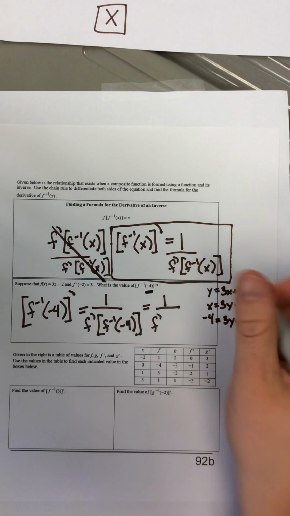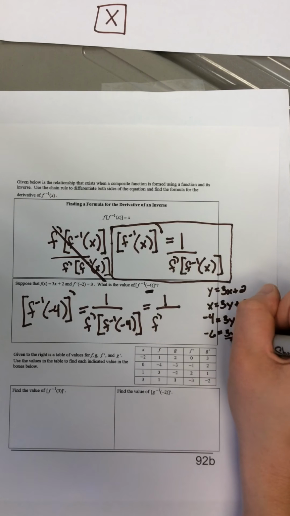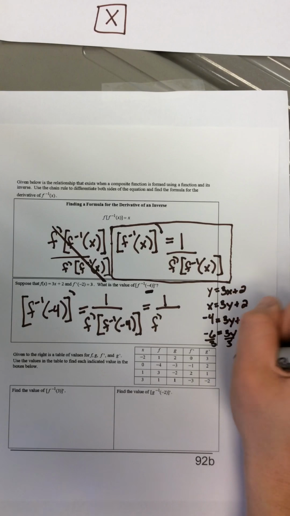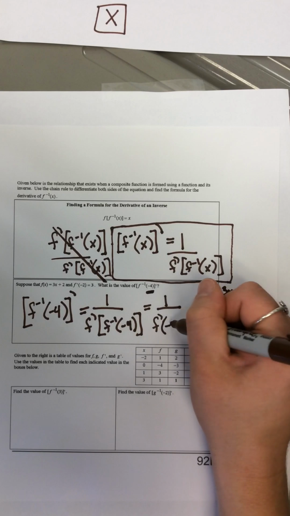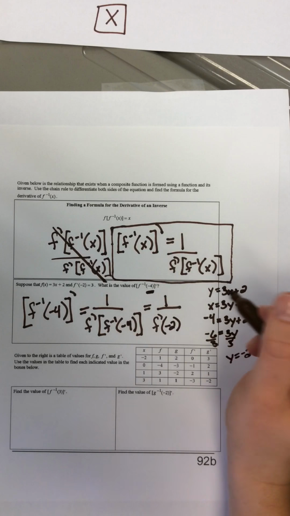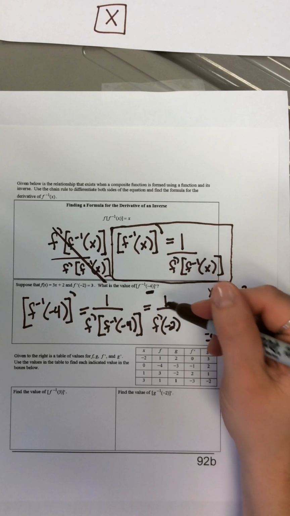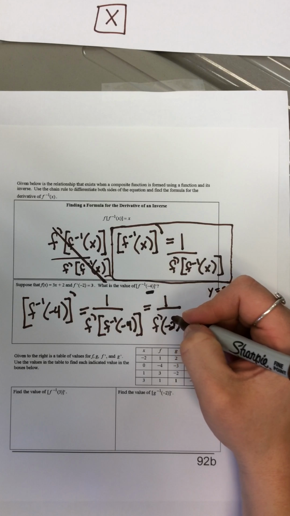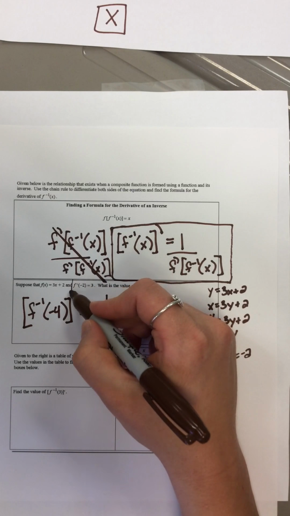So if I subtract 2 from each side, I get negative 6 is equal to 3y. Divide both sides by 3. I get y is equal to negative 2. That's what I want to do here. So it's weird because it's actually the function value for the inverse, but I know that's confusing. But all I'm actually finding is 1 over f prime of negative 2. Hey, look at that.